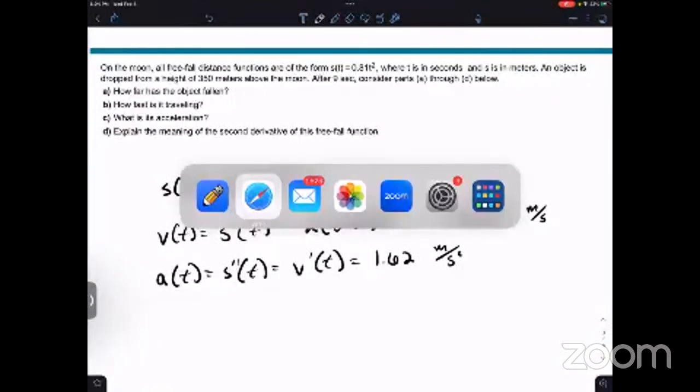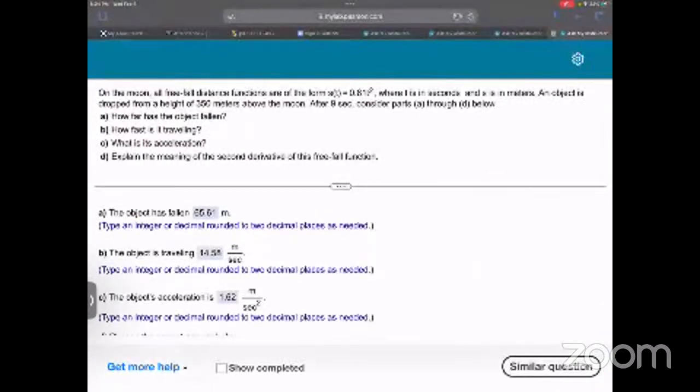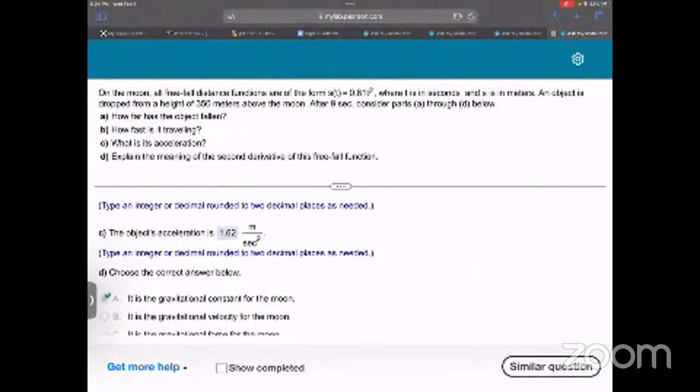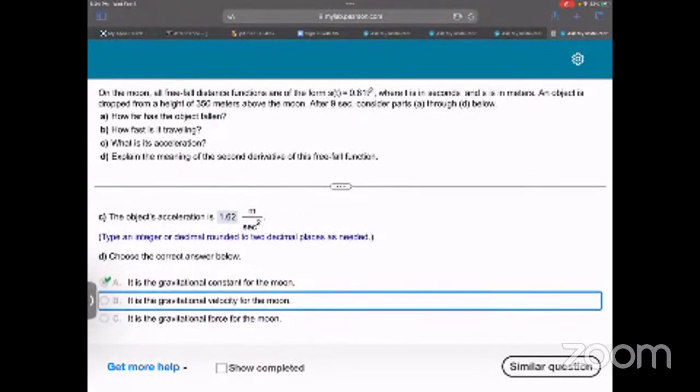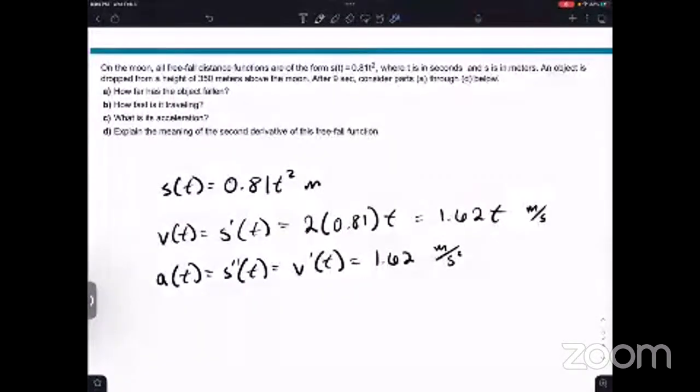It was the gravitational constant of the moon. Oh, okay. Thank you. Yes. I think that's it. Okay.